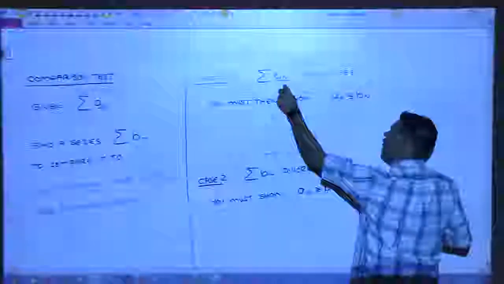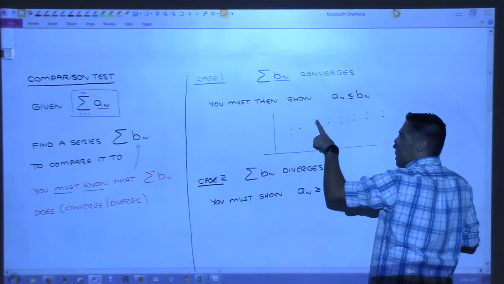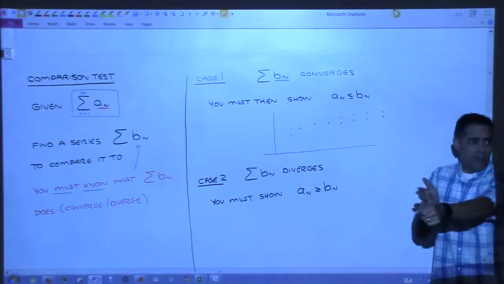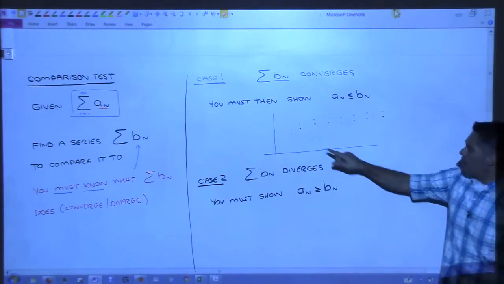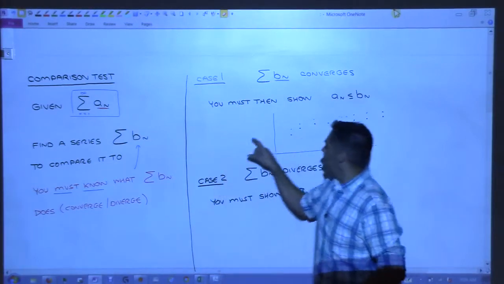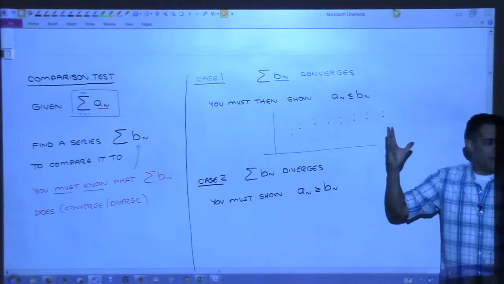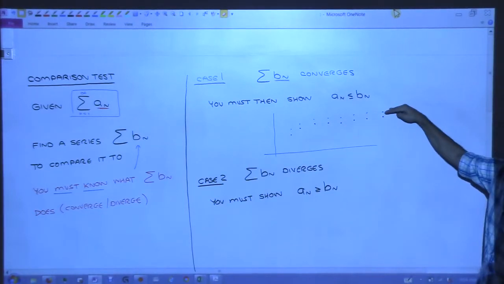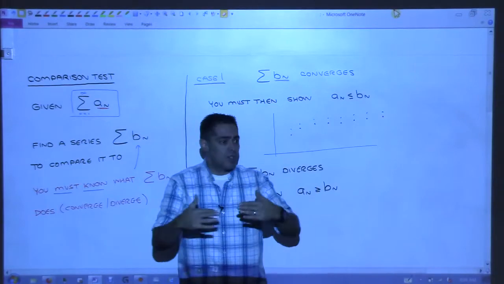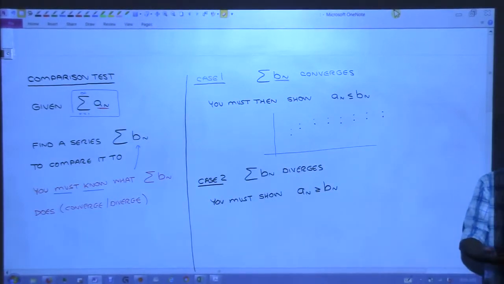So look, if this series converges, that means when I take that blue one and add that blue one and that blue one and that blue one forever, right? It goes to a number. Now, if the red ones are always smaller than my blue ones, then it can't possibly become infinite because it's always less than this one, which means that the red one, this series, must also converge. Now, we don't know what it converges to, but it converges.